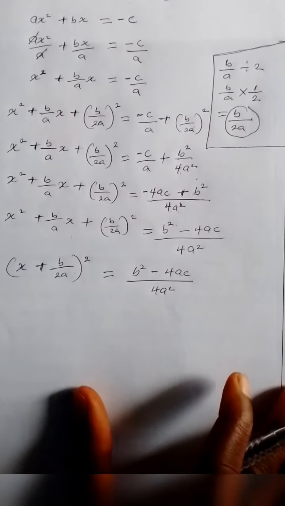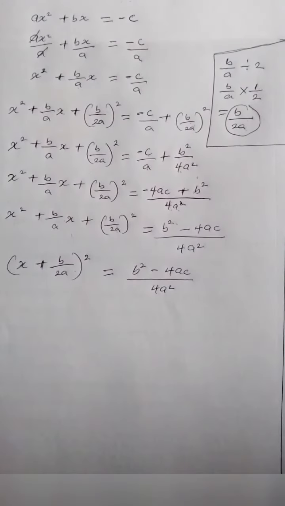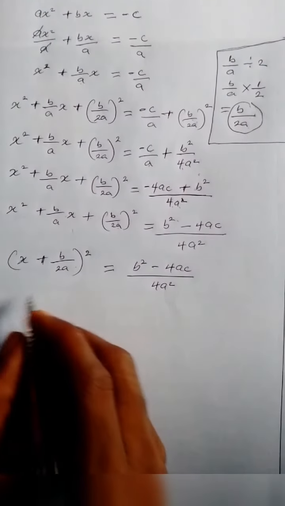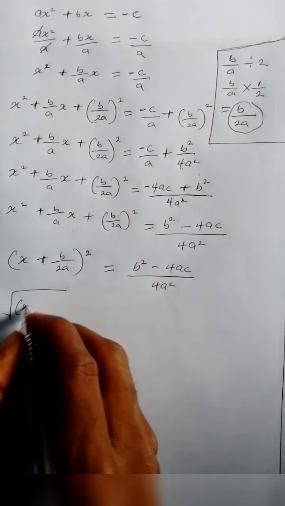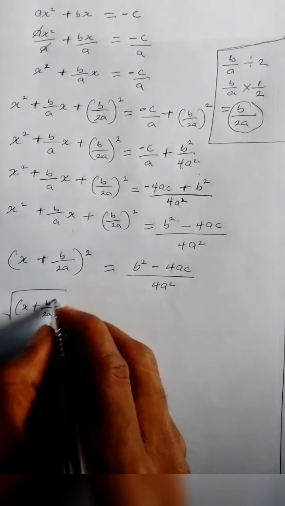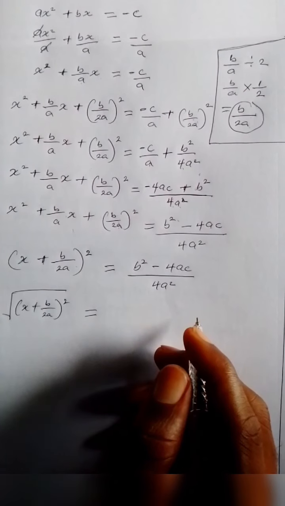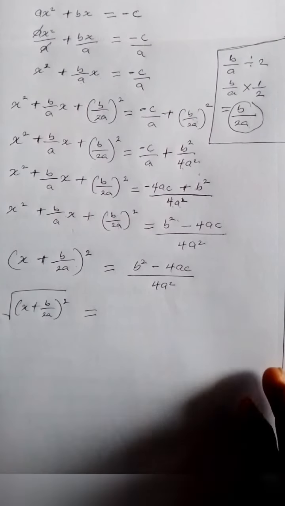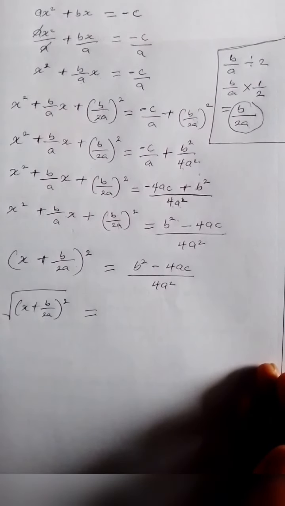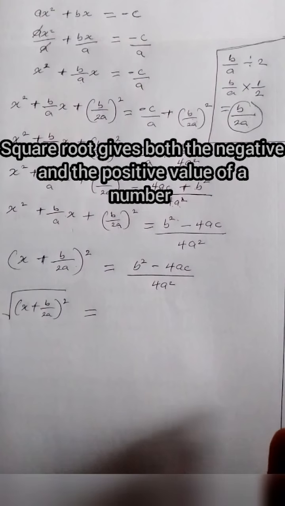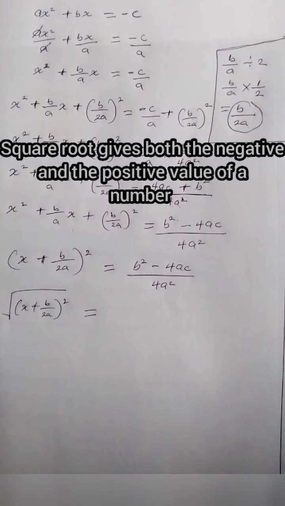Alright, the next rule says take the square root of both sides. Square root of (x plus b over 2a) all squared, which is equal to, and I said when you're taking the square root of the right hand side of the equation, you need to add plus or minus. Why? Because square root gives both the negative value and the positive value of a number.